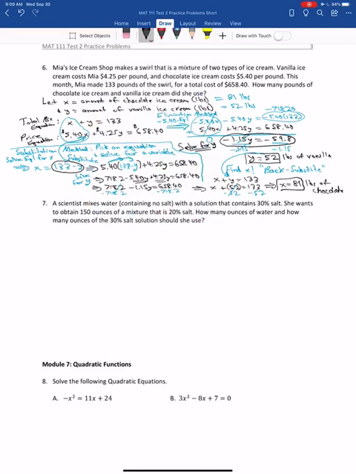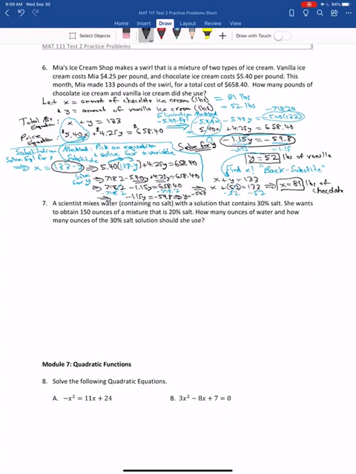So now my equation reads negative 1.15y equal to negative 59.8. And that implies y is equal to negative 59.8 divided by negative 1.15, which is going to give you 52.